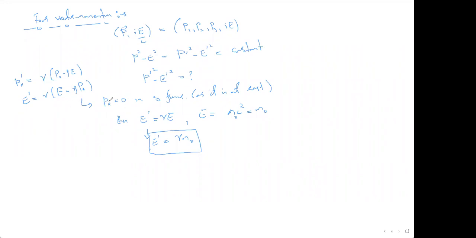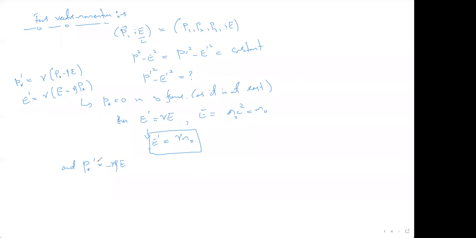By applying this Px equal to 0, Px dash will now be gamma beta, minus gamma beta E, isn't it?